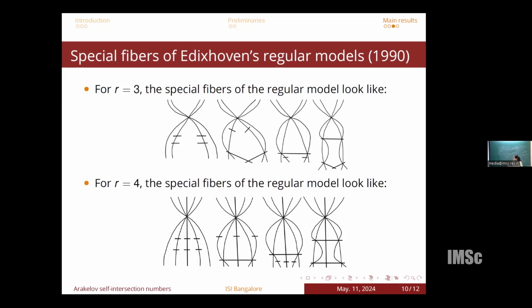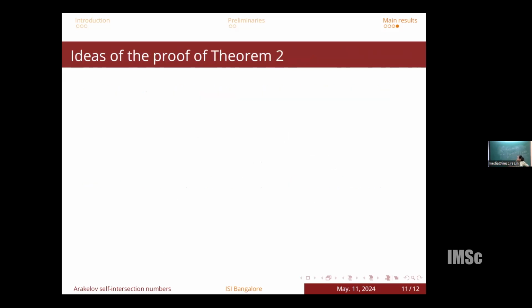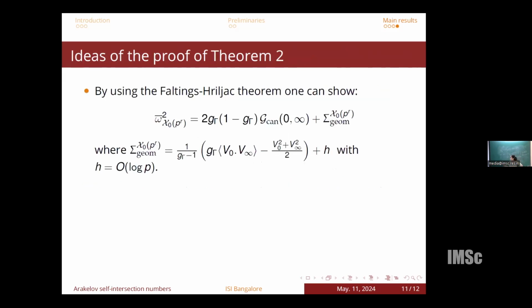And for r equal to 4, the special fiber looks like this. Again, the cases are 1 mod 12, 5 mod 12, and the last one is 11 mod 12. So for each case, we had to calculate the intersection of these divisors, and then we can conclude our second result.